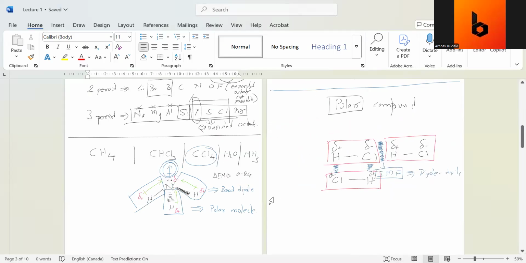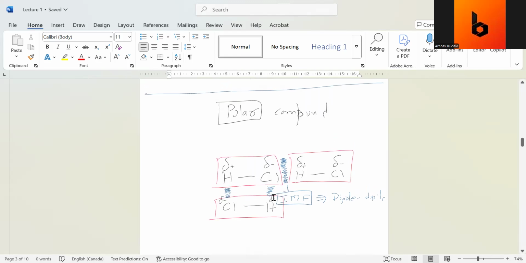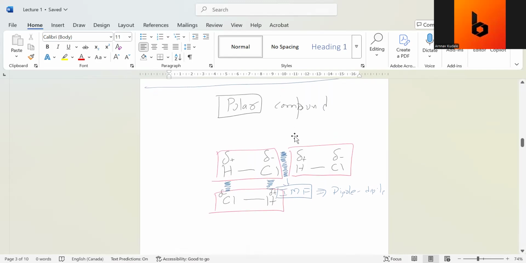Polar compounds. Now let us talk about intermolecular bonding. When you have polar compounds, they have two centers, a dipole, a positive region and a negative region, correct?